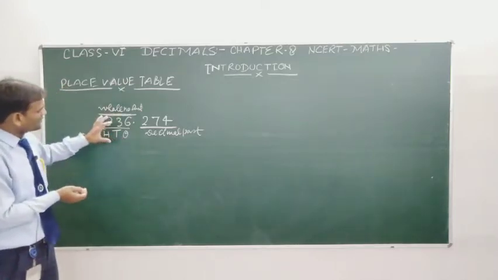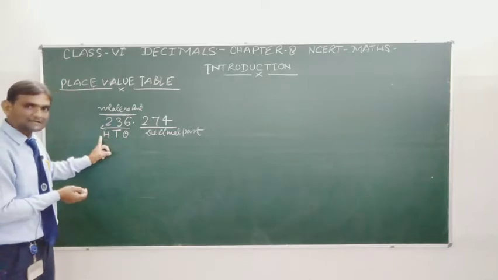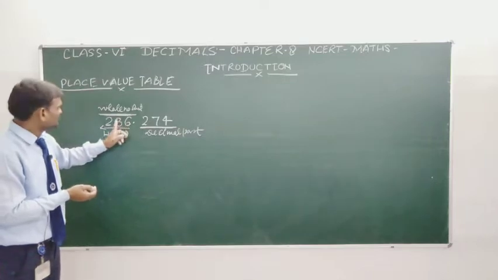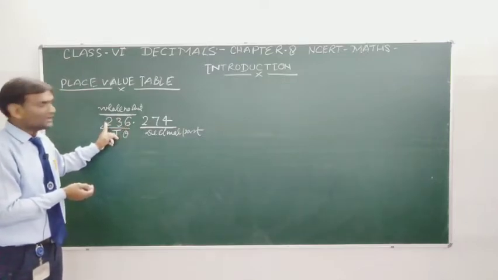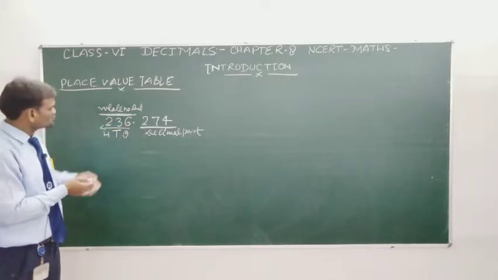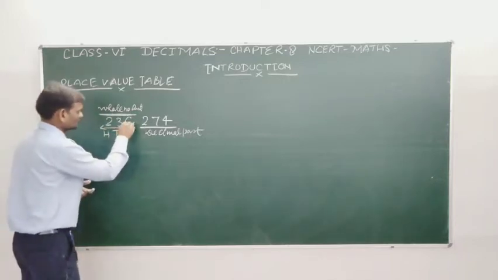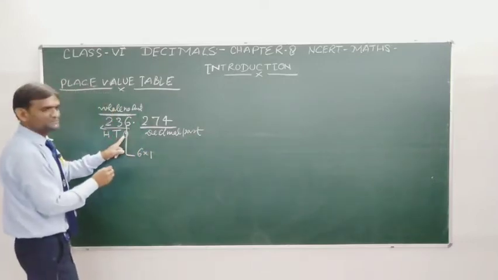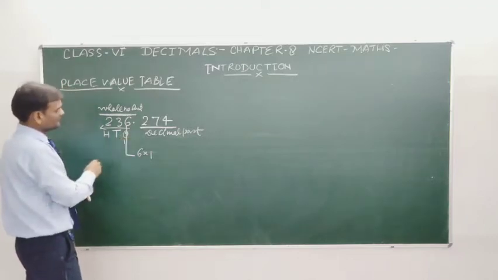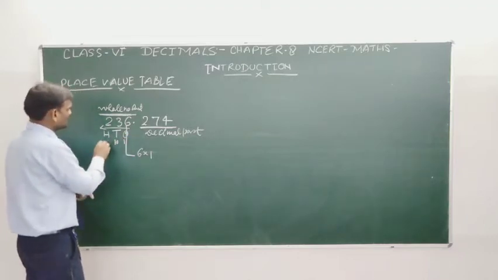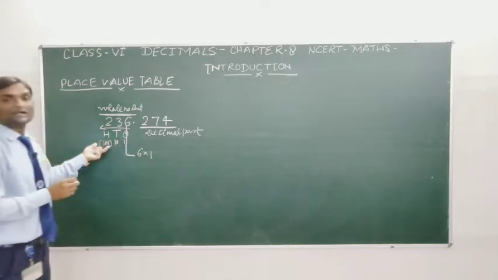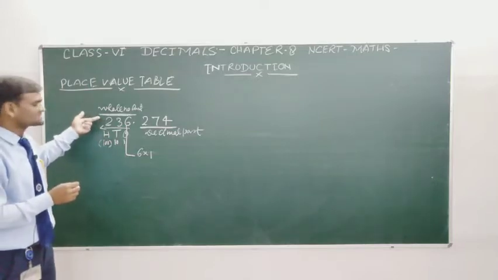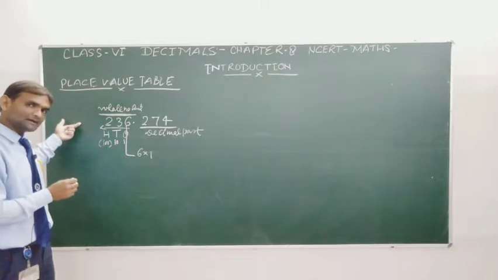But if we ask you what is the place value of 6, 3 and 2 in this whole number, you can easily write it. 6 is in the ones place: ones means 1, tens means 10, hundreds means 100, similarly 1000, 10,000, lakh, 10 lakh.